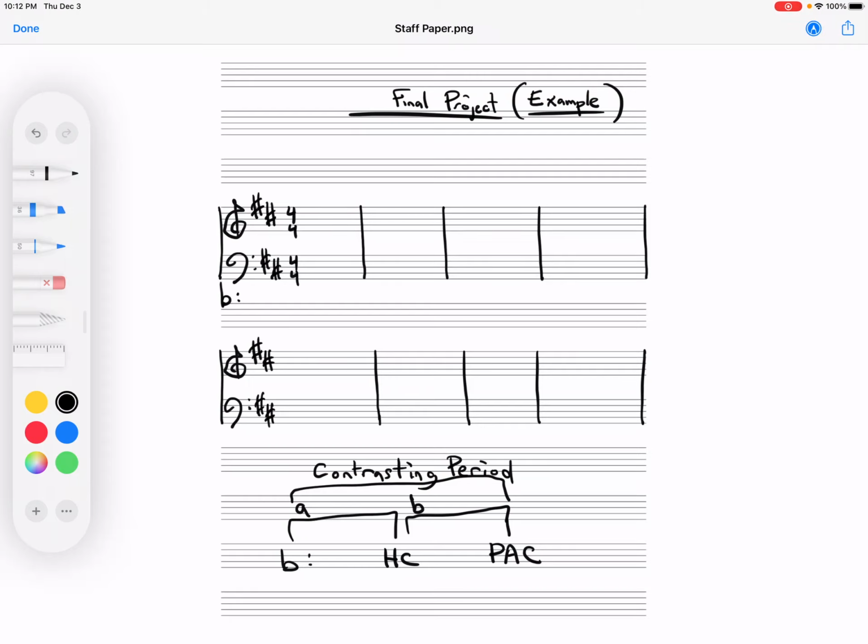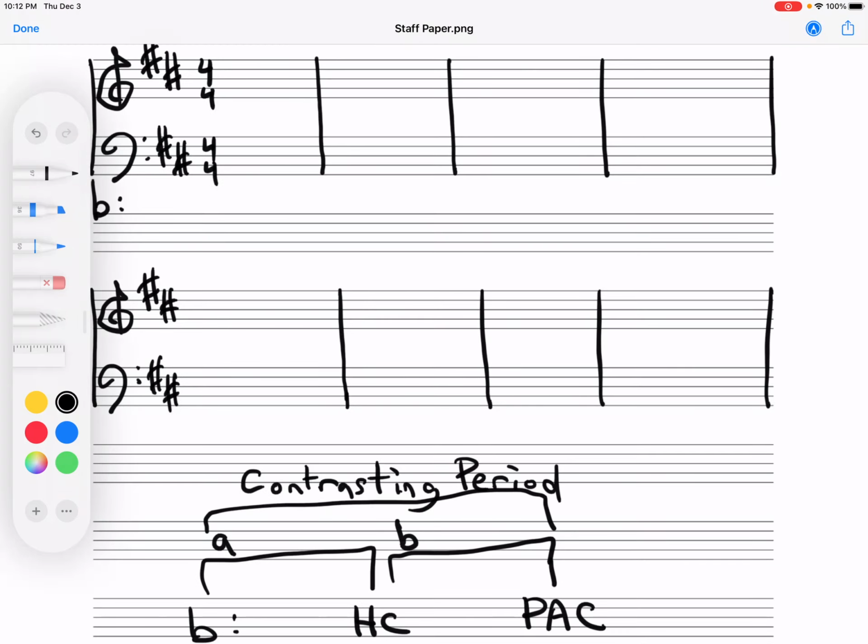Now the first step is to come up with a chord progression. I recommend that you use 6 to 8 chords. Don't make it too complicated. That's not the objective of this assignment. Really, this assignment is to write something that is in 4 parts and follows the guidelines for writing a melody, for part writing, for smooth voice leading, for writing the chords correctly with the correct doubling and spacing to avoid parallels, and so on.